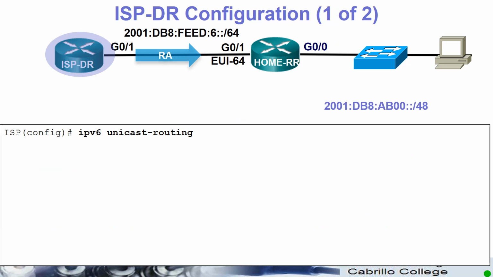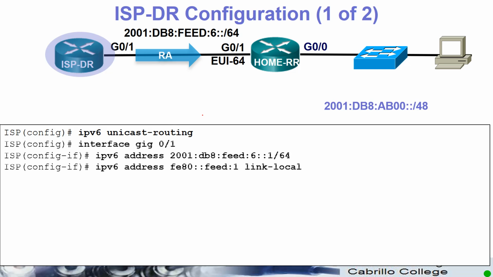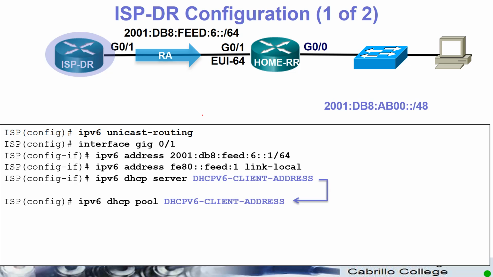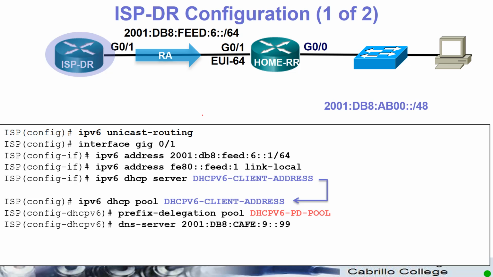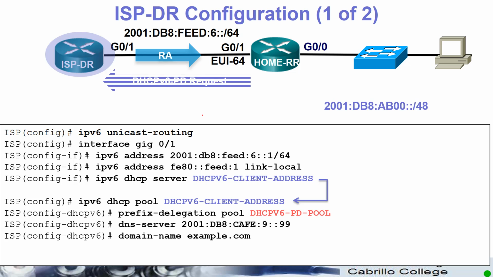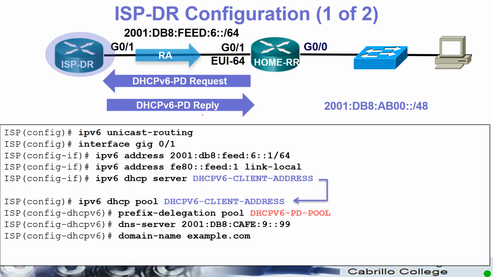Looking at the ISP, or the designated router side, again, IPv6 unicast routing. You have to make sure that you're setting the addresses and link local addresses, setting up the appropriate DHCP server for the client addresses. Again, you're going to have to create a DHCP pool and a delegation pool with the appropriate DNS and domain name services, so that as things come in as a request, you can make sure to reply to them.